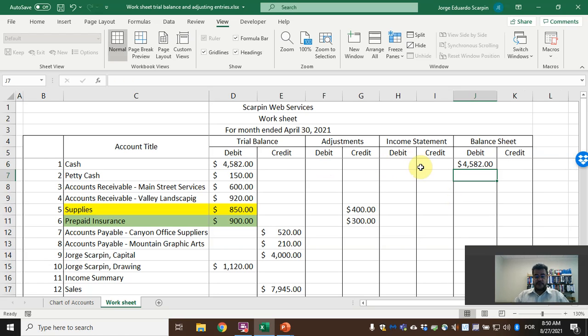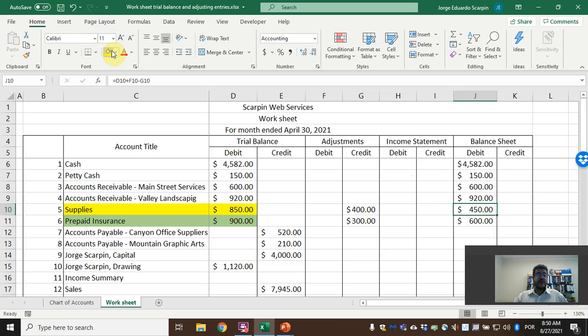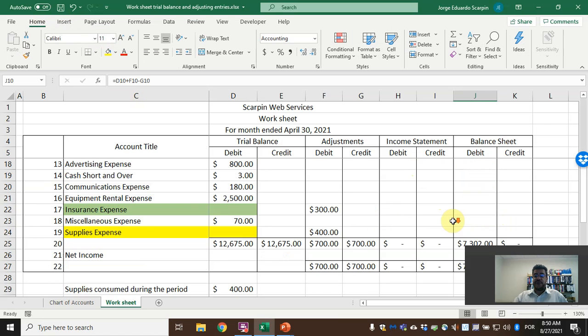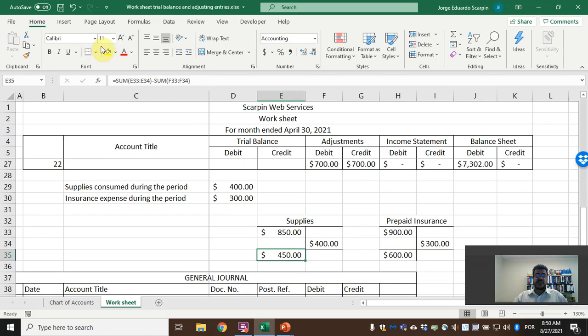Oh, good. And we copy and paste. Assets, we are here. And remember that we would be talking about the ending balances. Supplies is not $850 anymore, it is $450. And supplies for 450 here must match with the T account for 450 here.